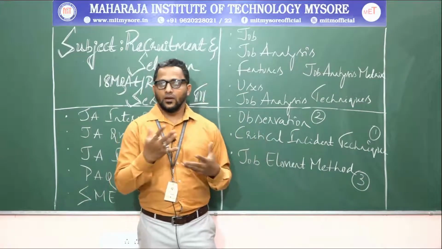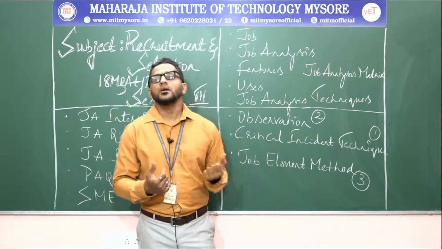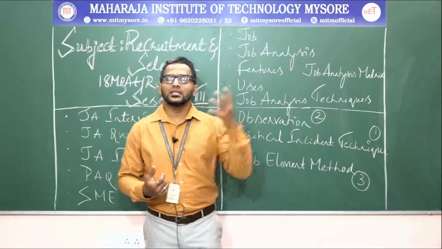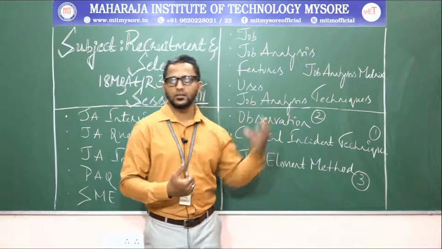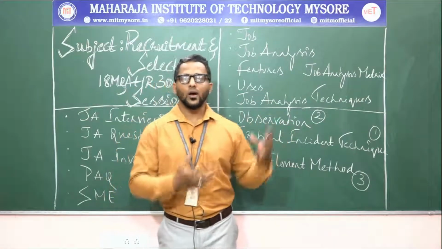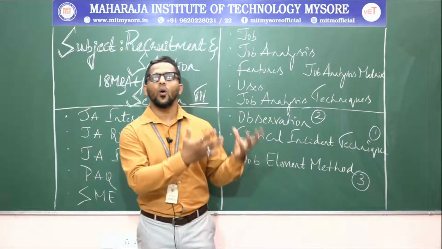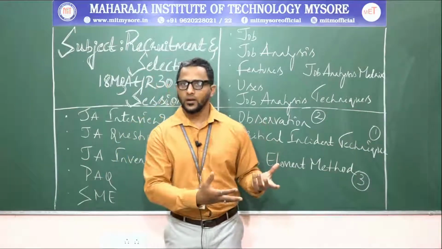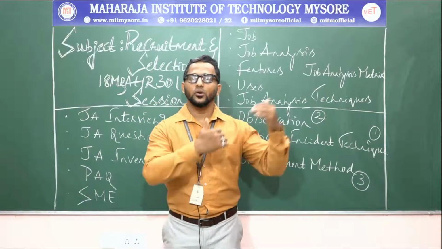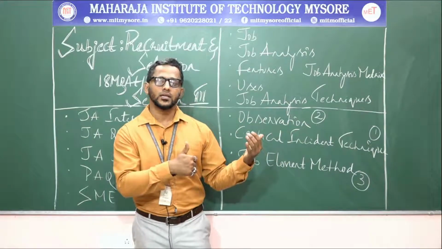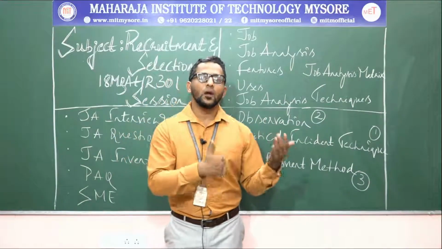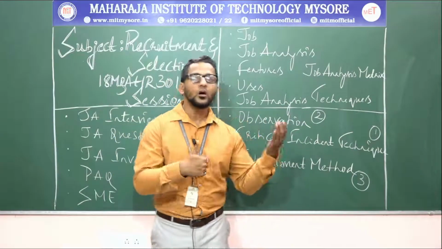They and the job analyst develop a list of these characteristics: what a supervisor needs to perform this particular job, what characteristics, qualities, or traits are required. Both of them discuss and list these characteristics, and then both of them rate them.